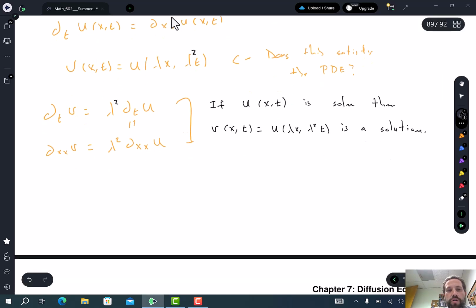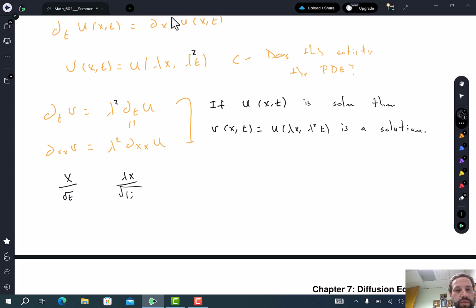Okay, so now notice what this tells us. This gives us some idea about the ratio of powers of the x coordinate over powers of the t coordinate. Notice if I have x divided by the square root of t, and I do this scaling, I'm going to have lambda x divided by the square root of the t coordinate, which is lambda squared t. Well, what am I going to get?